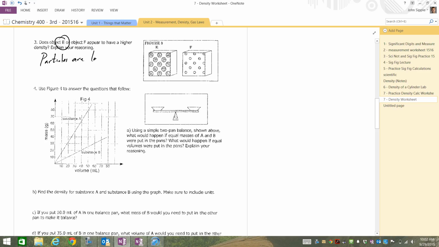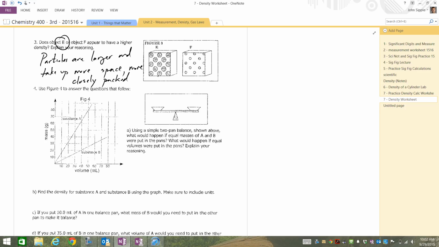Particles are larger and take up more space. What I also say there, they're more closely packed together, right? So they're more closely packed. So there's less space because they take up more space, okay, between the particles. Good.